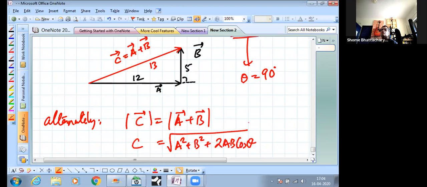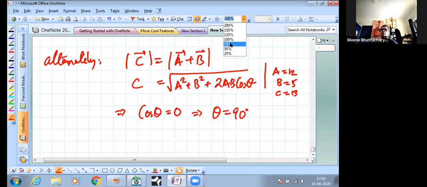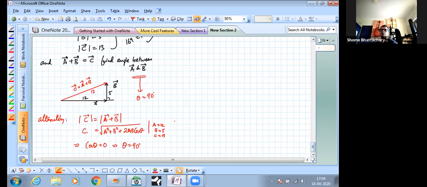This is C. Now you put the values of A, B and C here. A is 12, B is 5 and C is 13. And you will come to the conclusion that cos theta is 0, which means theta is 90 degrees. So now you're getting an idea of how we make use of both the principles, either the geometrical method or the formula based method, to solve this kind of cases.